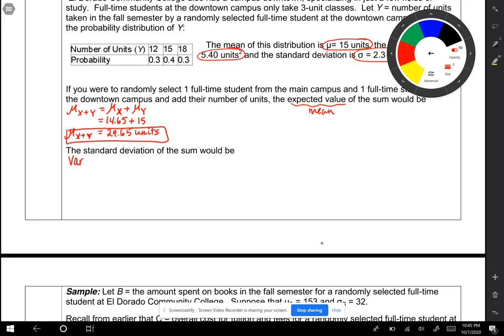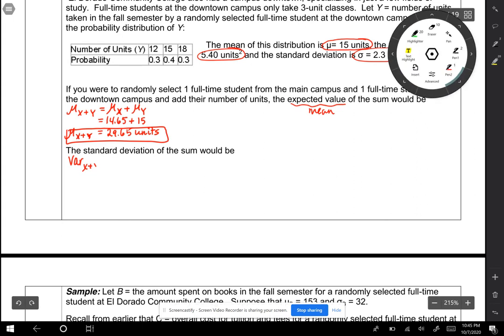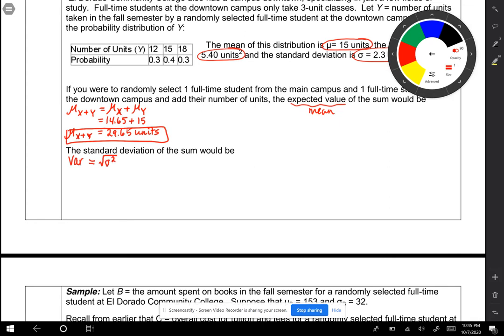So the variance is equal to the square of the standard deviation. So you can do it this way: variance of x plus variance of y, and then the square root of it.